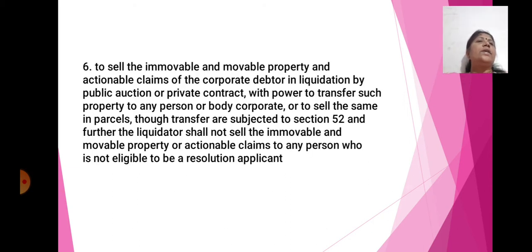Then he has to sell the immovable assets, movable property, and actionable claims of the corporate debtor in liquidation by public auction or by private contract, with the power to transfer such property to any person or any body corporate, or to sell the same in parcels, though transfers are subject to Section 52. Further, the liquidator shall not sell the immovable and movable property or actionable claims to any person who is not eligible to be a resolution applicant.